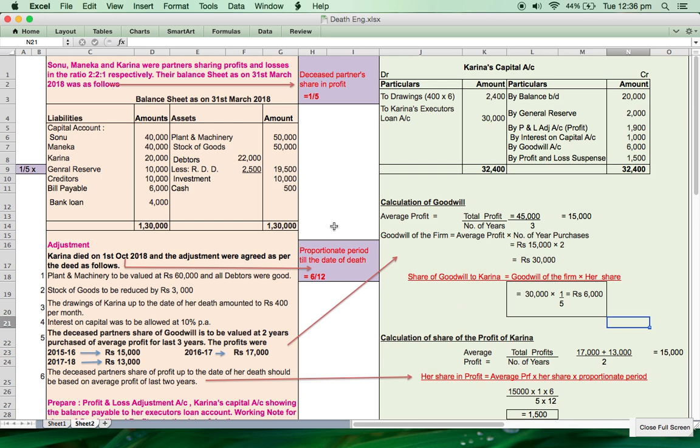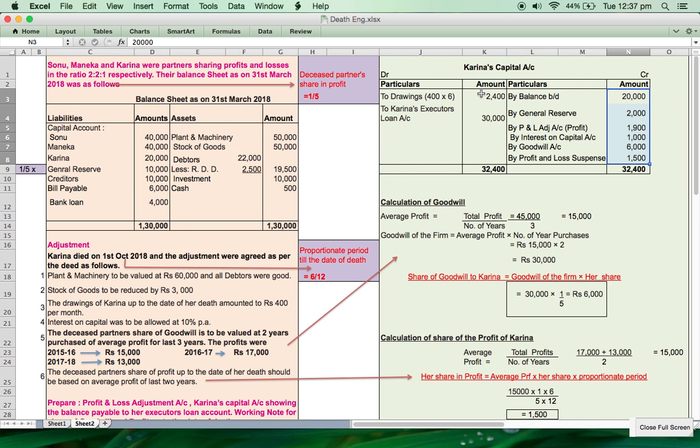So after posting everything to her capital account, we will find out the closing balance of this capital account, which will be transferred to Karina's executor's loan account. So we will take the total of credit side, which is 32,400.